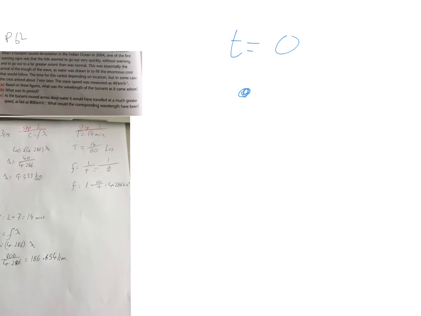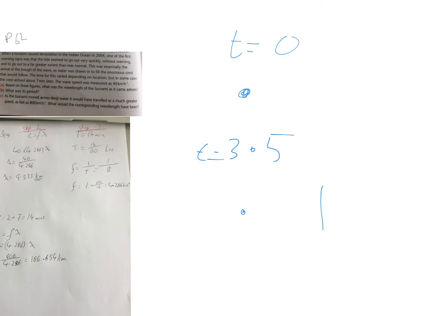So if we look at the time being equal to 0, the water would be here. 3.5 minutes later, the water will be at this farthest point out to sea.